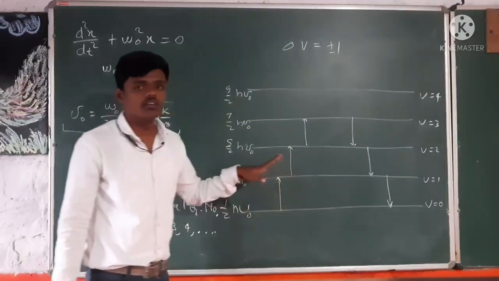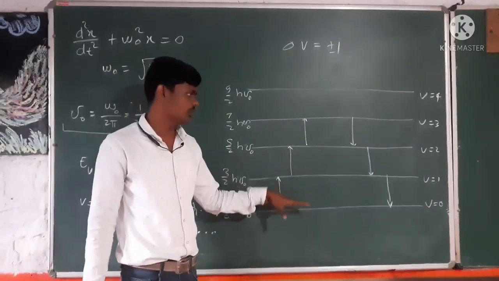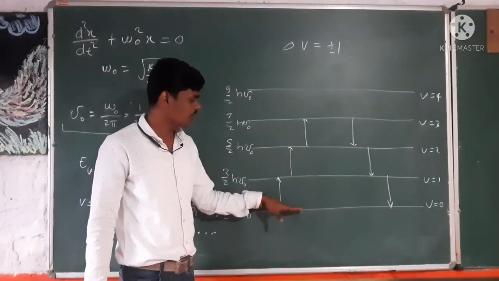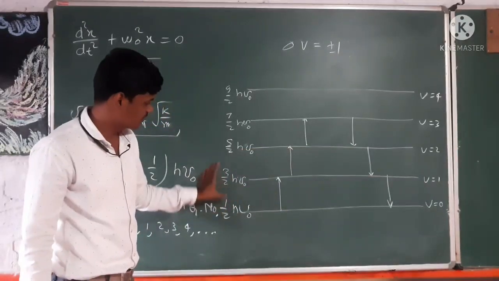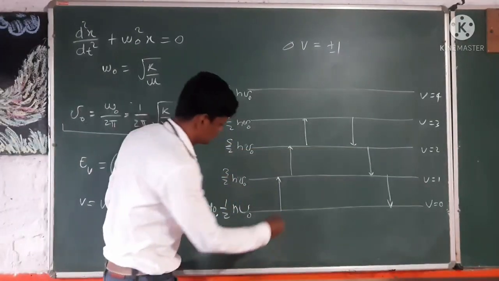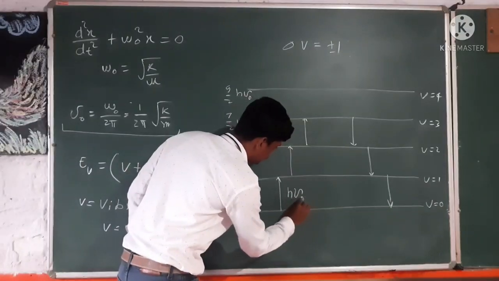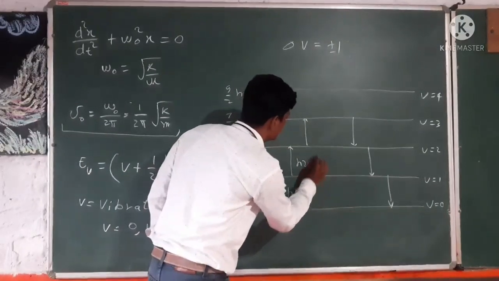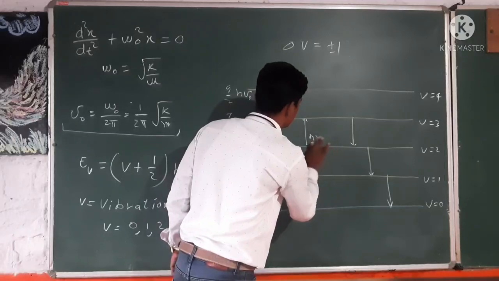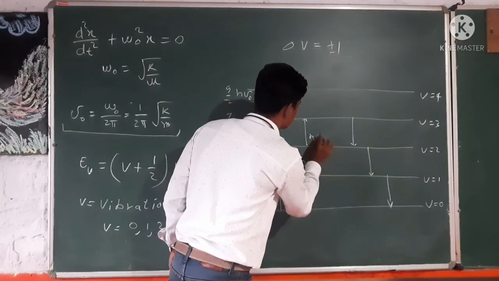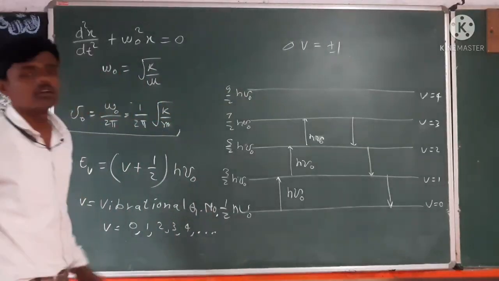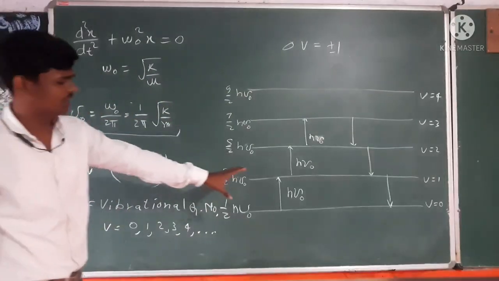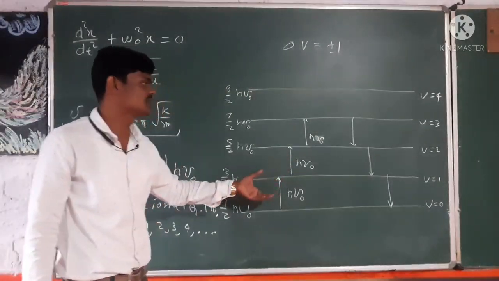The transition between adjacent levels is only allowed, not between these two, for example. Here we can see the difference between these two is a constant one, that is h nu naught. You see at every level we have this h nu naught same. So vibrational energy levels are discrete and equispaced.